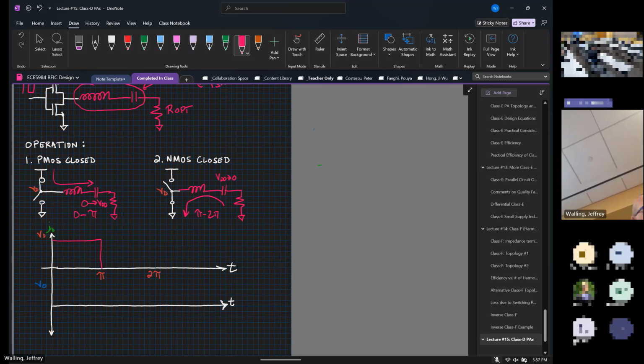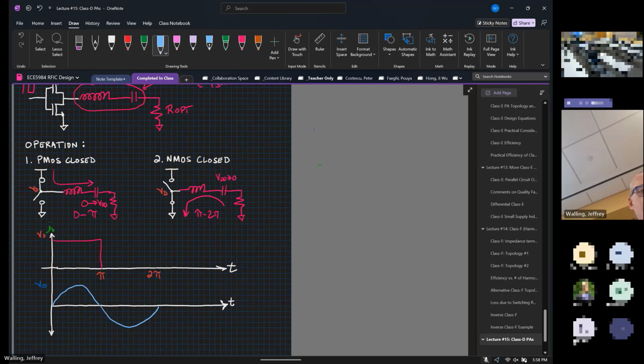And if the switch is relatively low loss, this should happen quickly, so we should have a square-like waveform in the voltage. Now, fundamentally, if we look at the output waveform, ideally we're only allowing the fundamental frequency to pass through the series resonant filter. So the output should just look something like a sinusoid.